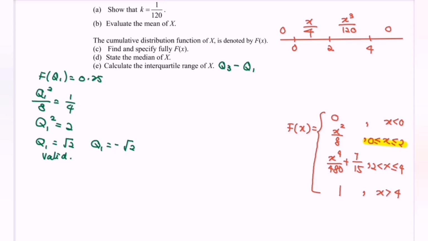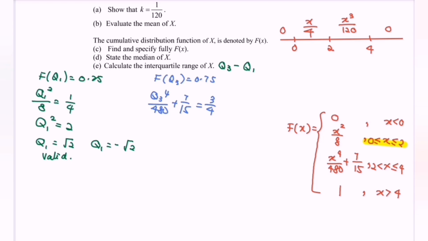Continue. Find Q3. So Q3 is equal to 0.75. As we all know, previously we have x squared over 8. If we substitute 2, we have the answer 1 over 2, which is equal to 0.5. So in order to find 0.75, we must make use of the third function. Q3 to the power 4 over 480 plus 7 over 15 is equal to 3 over 4.